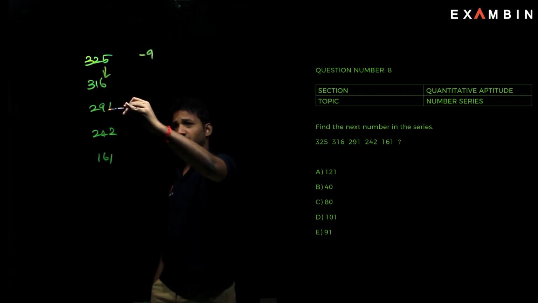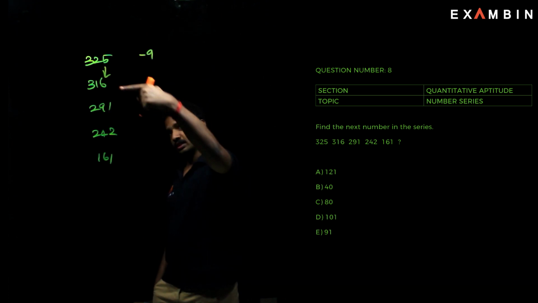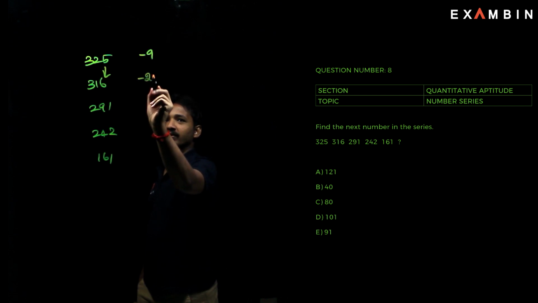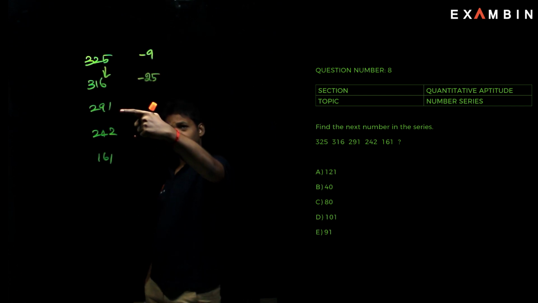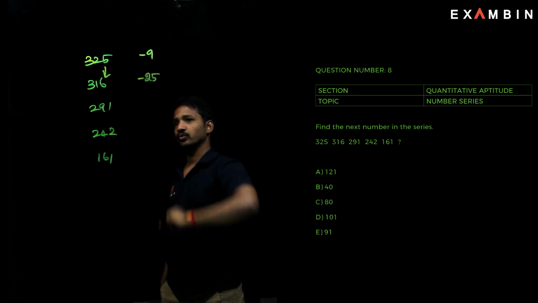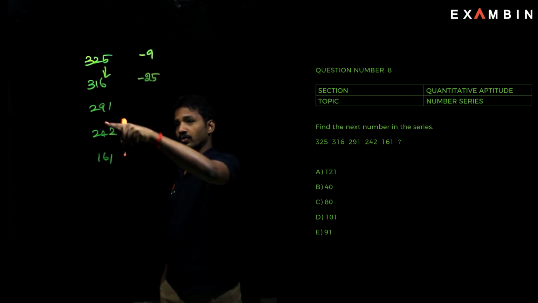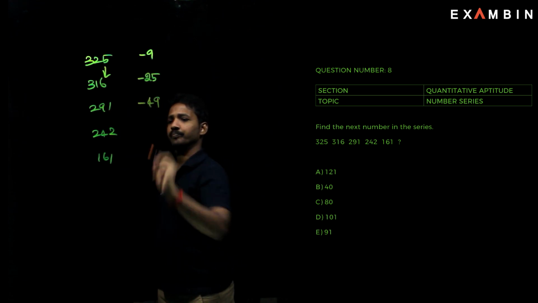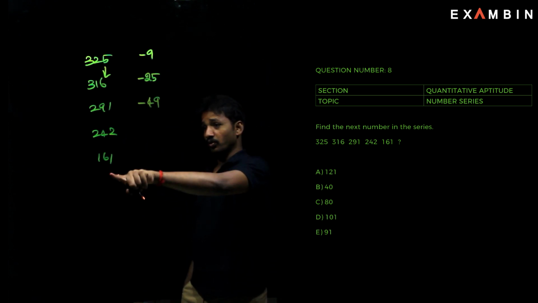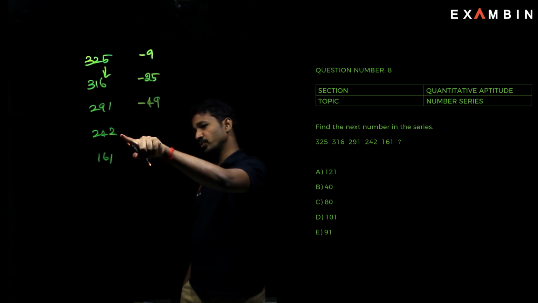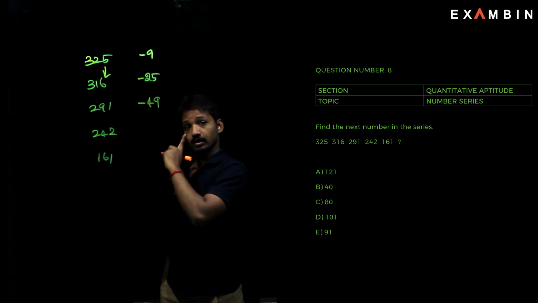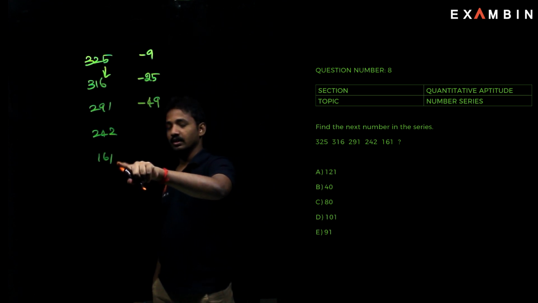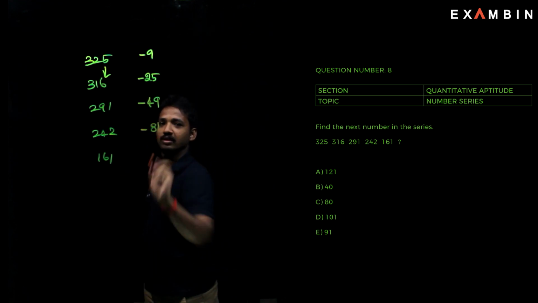From 316 to 291, 16 plus 9, 25 is reduced. 291 minus 242, 41 plus 8, 49 is reduced. 242 minus 161, 42 plus 39, 81 is reduced.